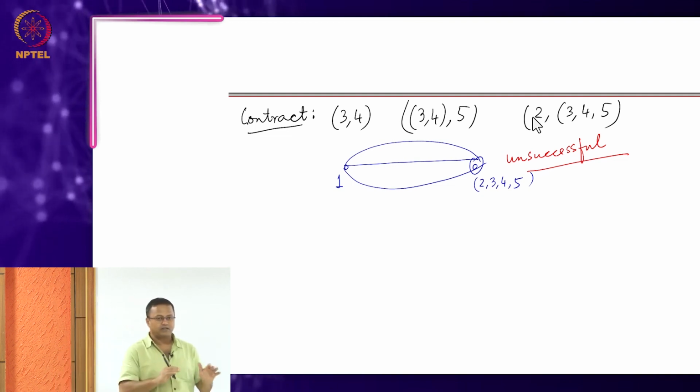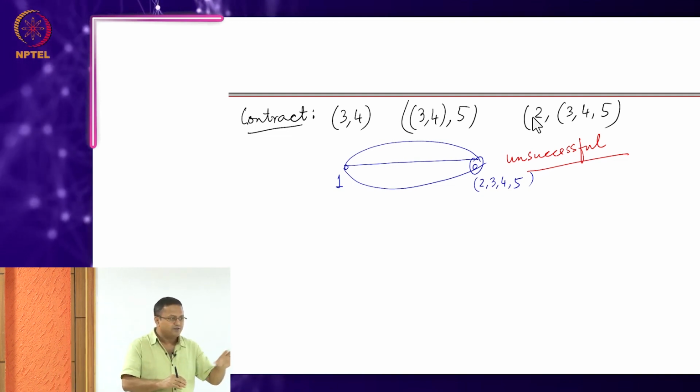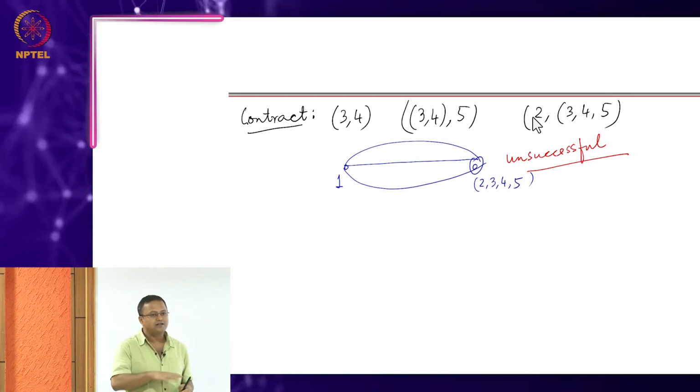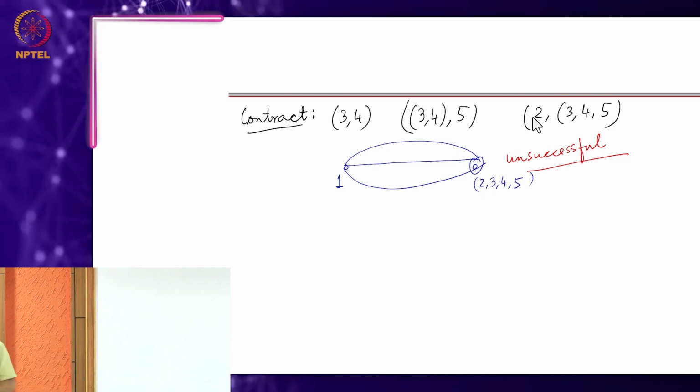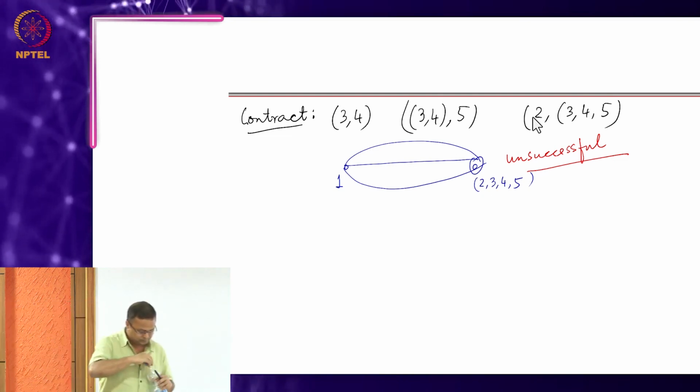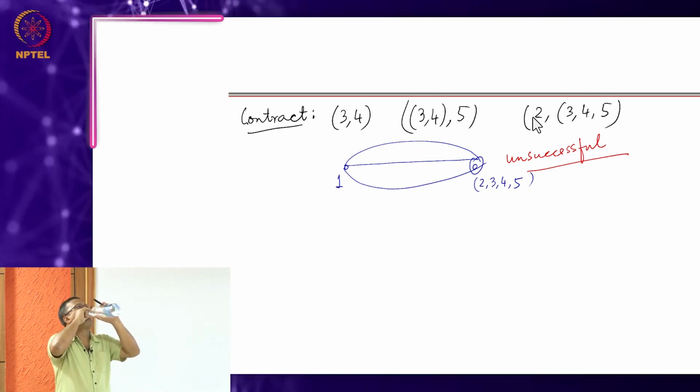So by now you understand that there are sequences of contractions which might lead you to the minimum cut, and there are sequences of contractions which might take you away from the minimum cut.